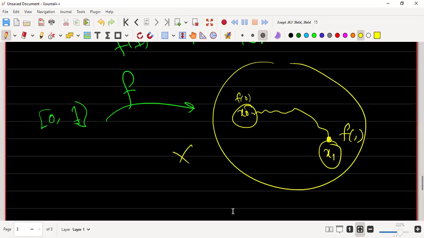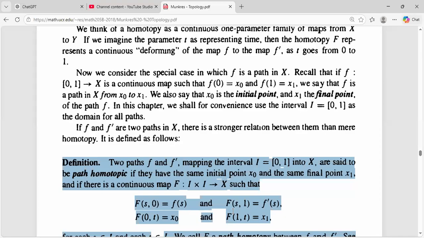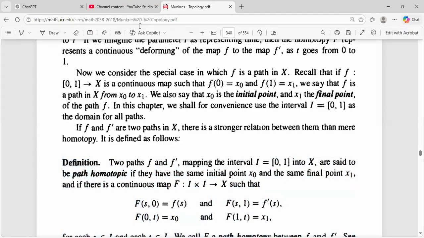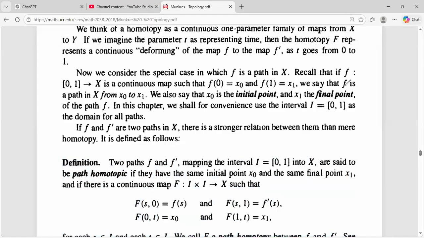They are saying that this is a continuous map such that f of 0 is equal to x naught and f of 1 is equal to x1. We say that f is a path from x naught to x1. We also say that x naught is the initial point and x1 is the final point of the path f.